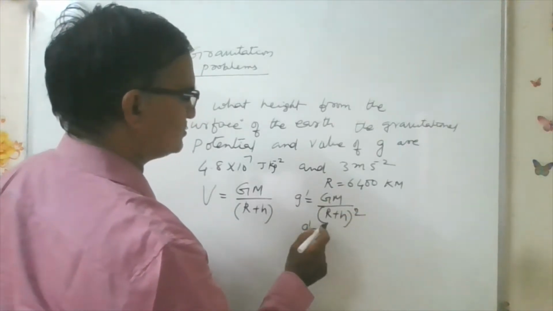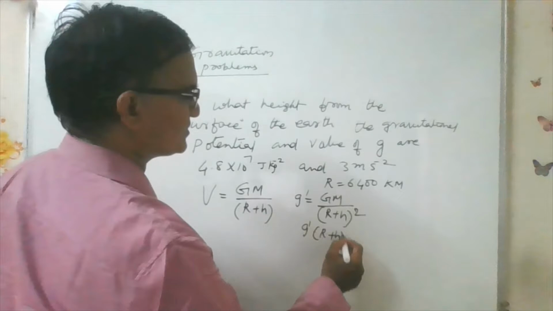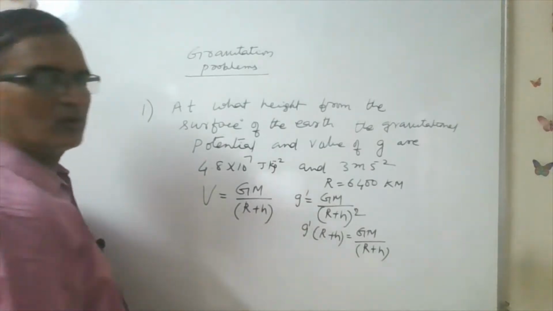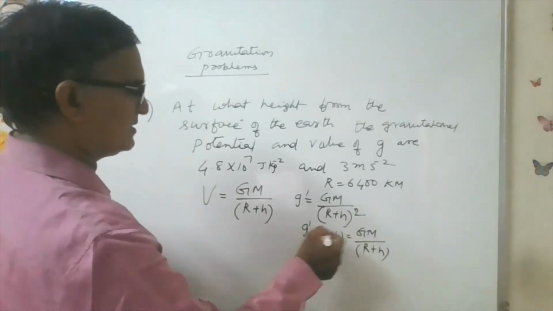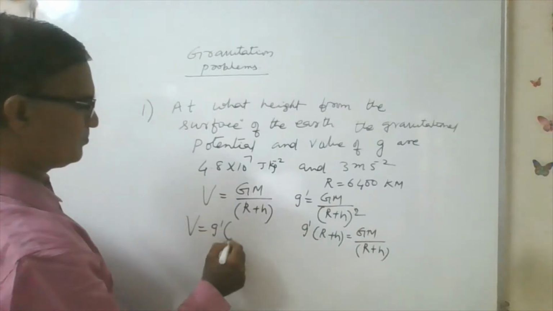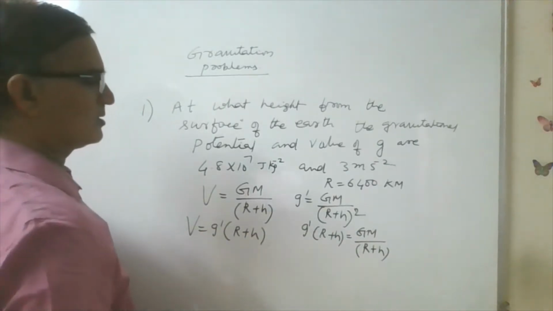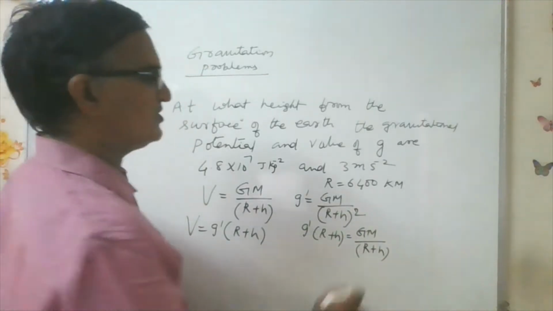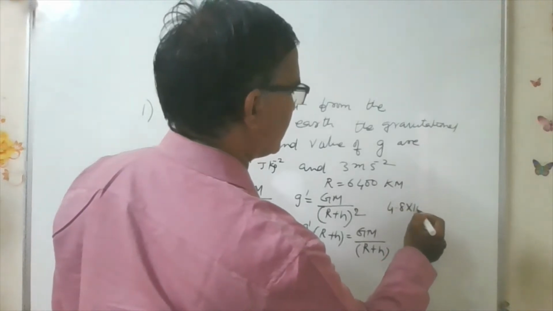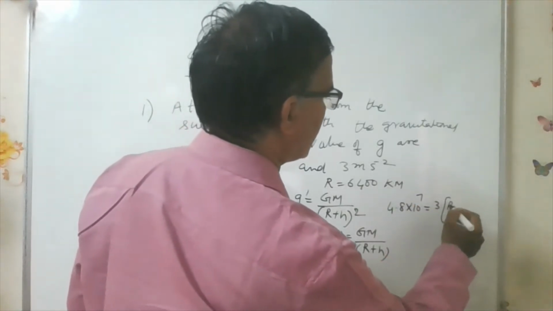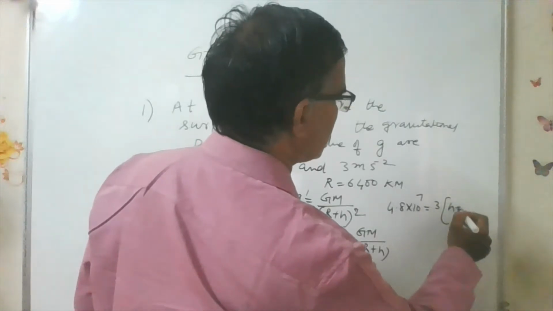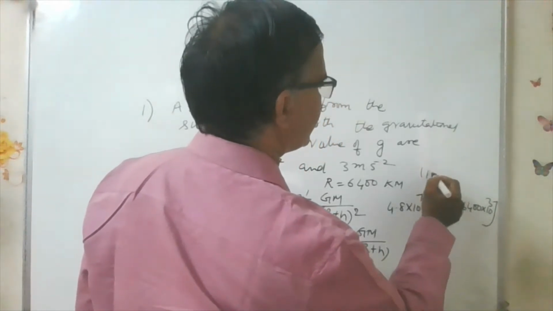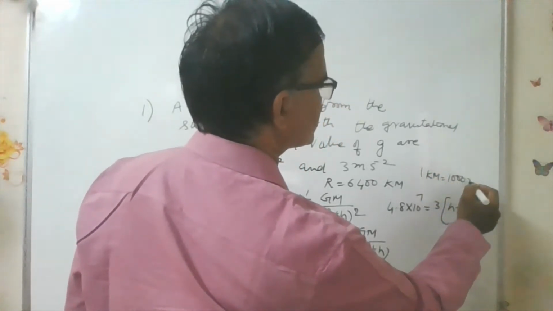Now g dash into R plus H is equal to GM by R plus H. Now here, if you replace this value with g dash into R plus H, what value have you got? g dash value is 3, so 4.8 into 10 to the power of 7 is 3 into R plus H, that is 6,400 into 10 to the power of 3, since 1 kilometer is equal to 1000 meters.